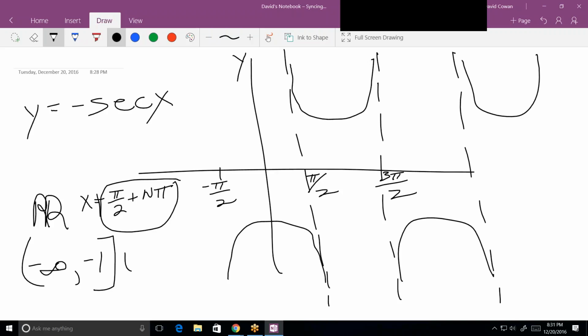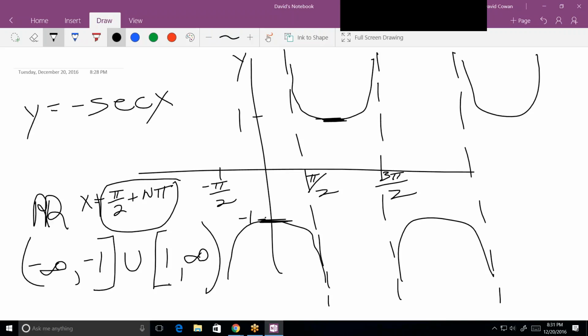And then 1 to positive infinity, bracket to 1. Infinities always get parentheses. You never see a bracket next to an infinity. Because it's not a number, it's a concept. So something can't be infinity. You can approach infinity. But y is allowed to be 1. In other words, y can be 1 and it can be negative 1. And that's what those values are there, 1 and negative 1.